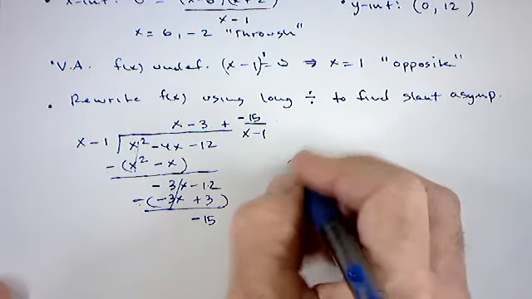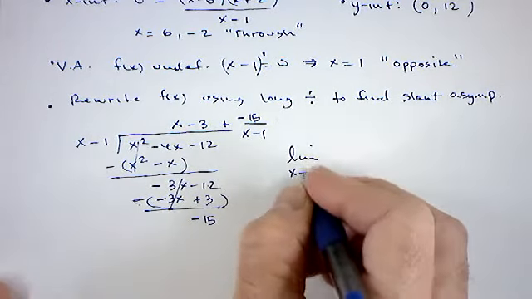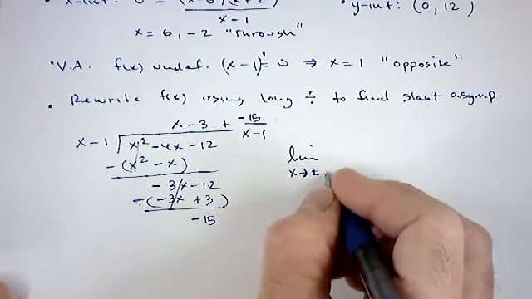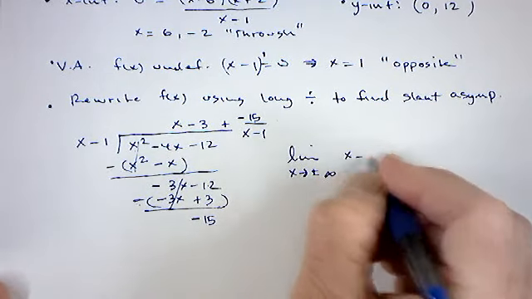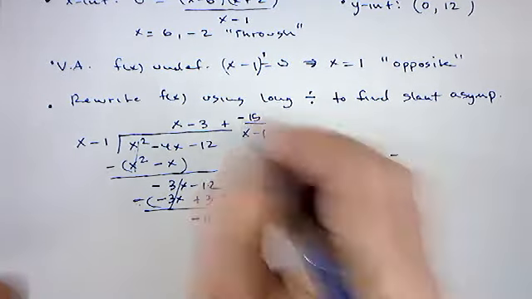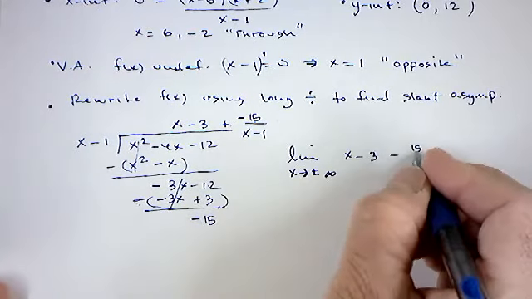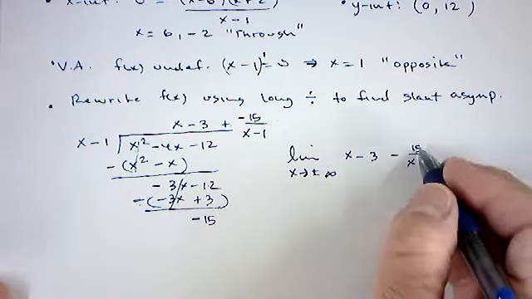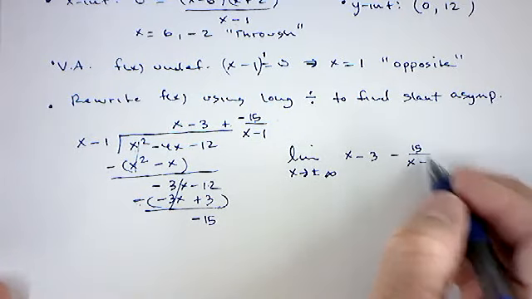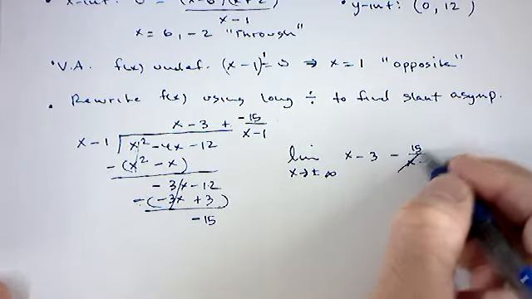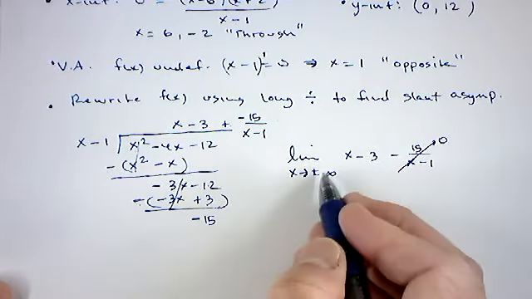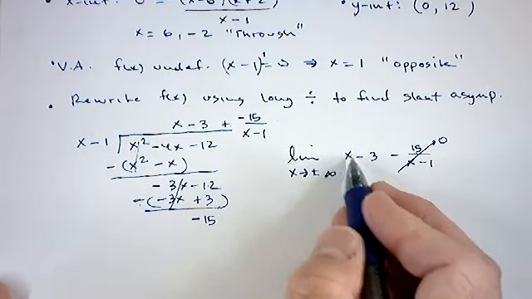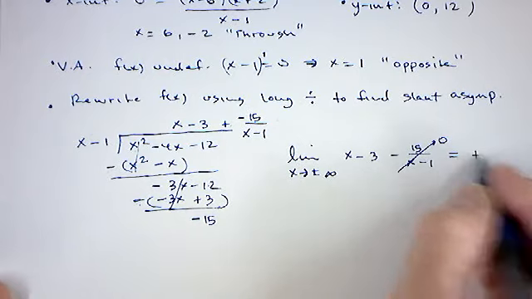And now I can see that if I were to consider what happens as x goes to plus or minus infinity for x minus 3, minus 15 over x minus 1, I can see that in either case, 15 over infinity minus 1 or negative infinity minus 1 is going to get really small. Now, if x goes to positive infinity, infinity minus 3 gives me positive infinity.